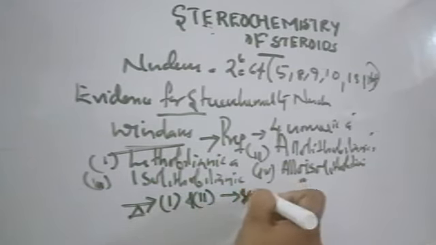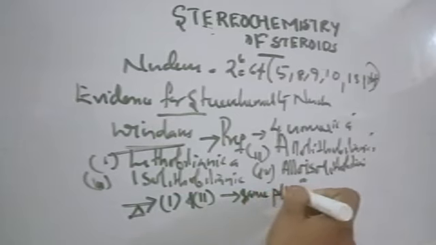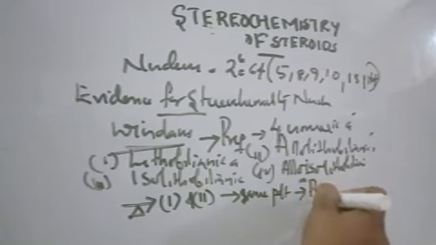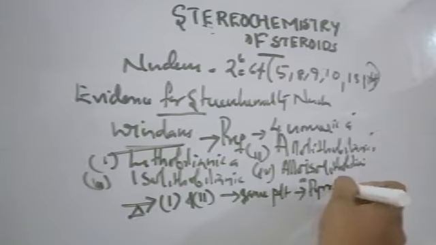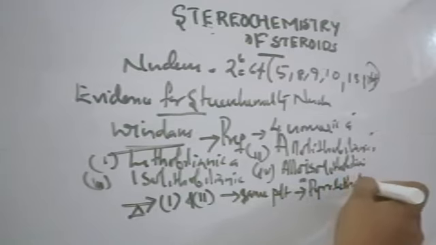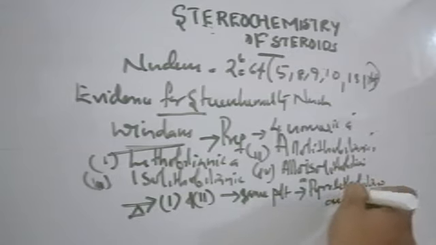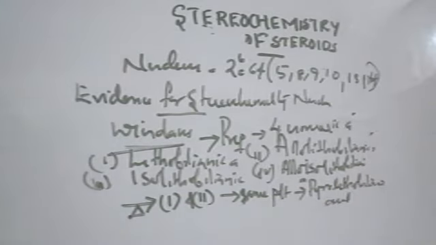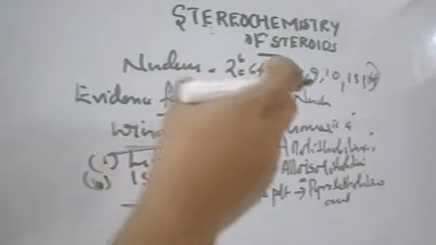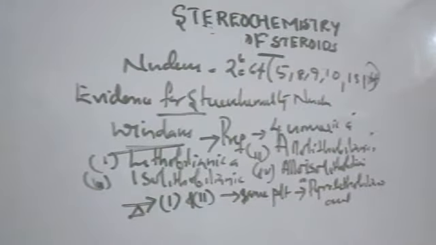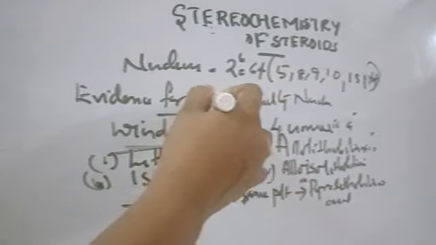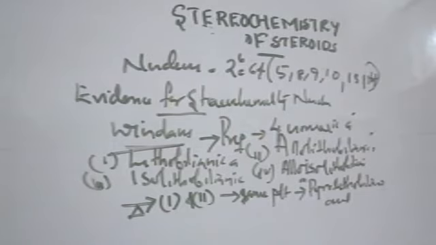These two will give the same product, and the product is pyrolithobilianic acid. So what we studied is the evidence for the stereochemistry of the nucleus. The scientist's name is Windaus.